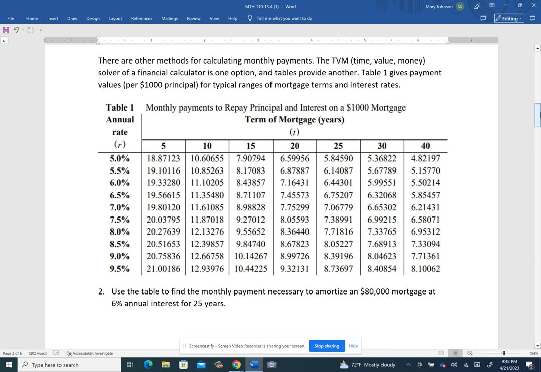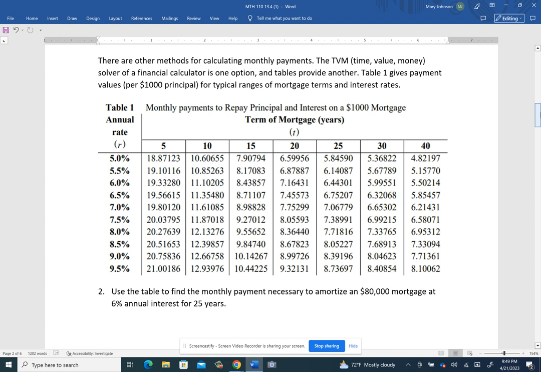So if your loan were for $10,000, you'd have to multiply those by 10. And they usually include typical interest rates and typical terms. So like every 0.5%, 5, 5.5, 6, and so on. And then the terms being things like 15, 20, or 30 years.